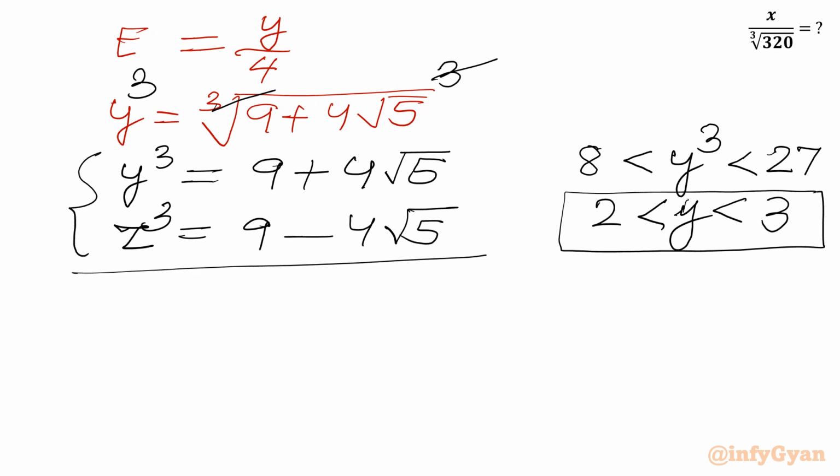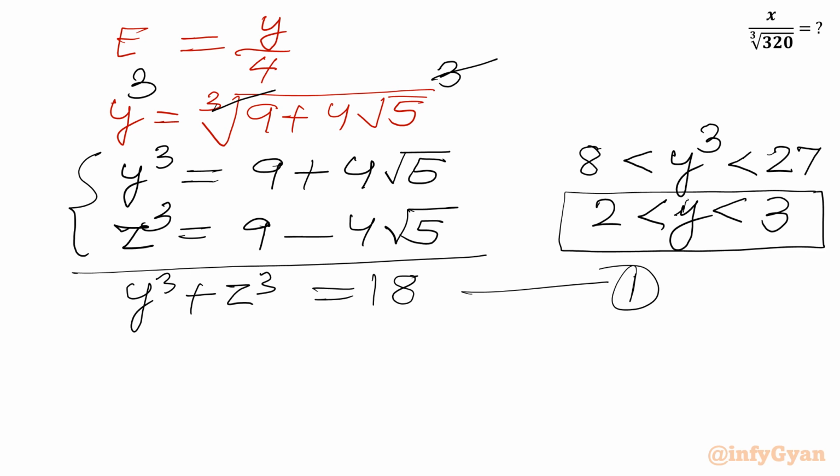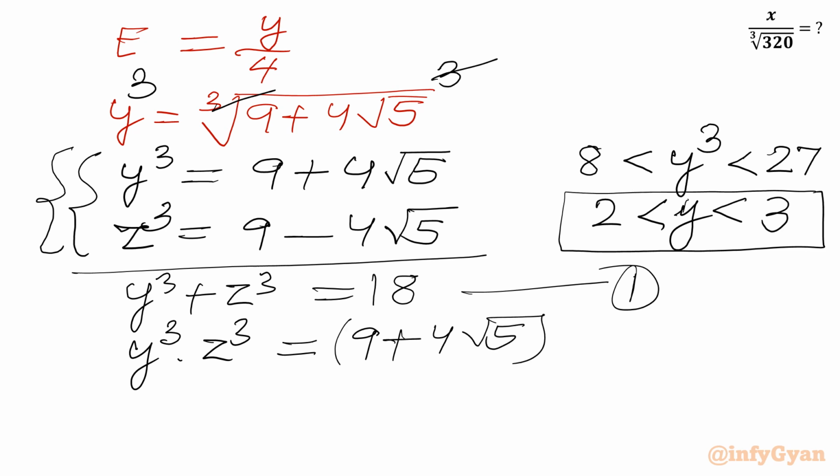Let's add these two equations. So I can write y cube plus z cube equal to 9 plus 9, 18. Let's say equation 1 it is. Now I will multiply these two. So I can write y cube times z cube equal to (9 plus 4 root 5) times (9 minus 4 root 5), a plus b times a minus b.